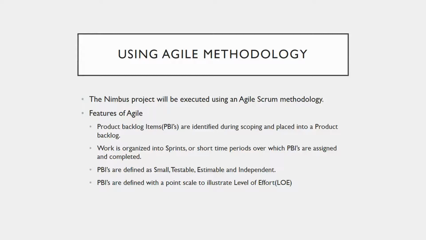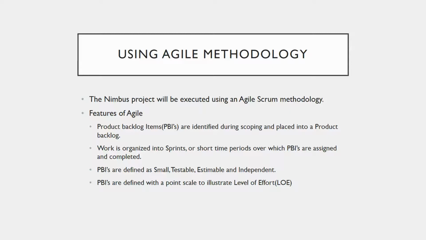So what are some features of that? Well, product backlog items. This is every piece of work that has maybe a bunch of tasks associated with it, but it is a user story, something that is needed, a feature of the tool, etc. Those are identified during scoping, placed into a backlog, which is basically a bucket of tasks, a bucket of stories which have tasks assigned.